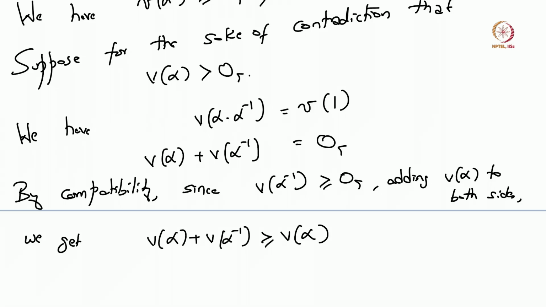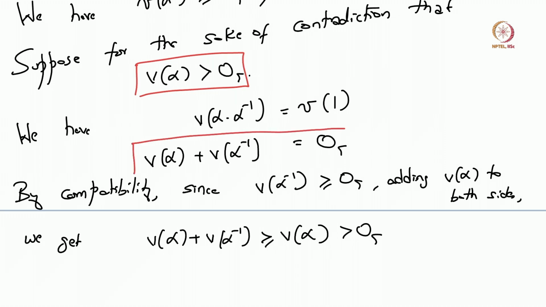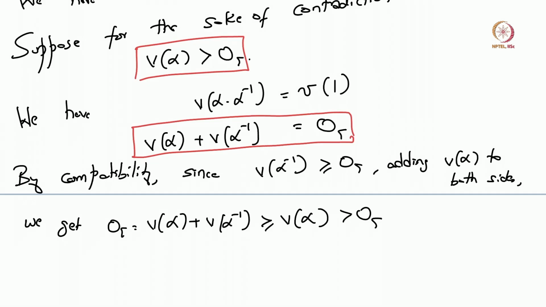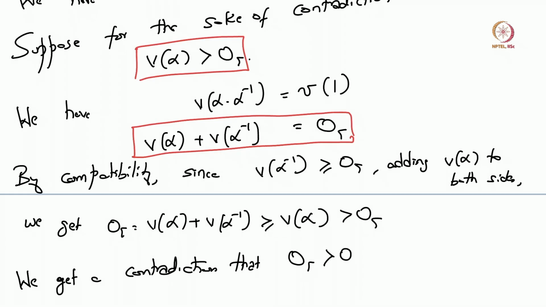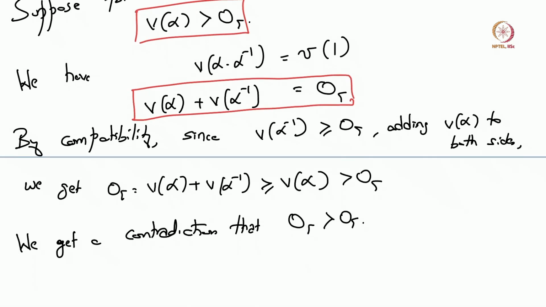which on the one hand by assumption is strictly larger than the valuation of the identity element, but on the other hand the valuation of alpha plus the valuation of alpha inverse equals the identity element of gamma. Okay, so we get a contradiction: the identity element of gamma is strictly larger than the identity element of gamma, but they have to be equal.